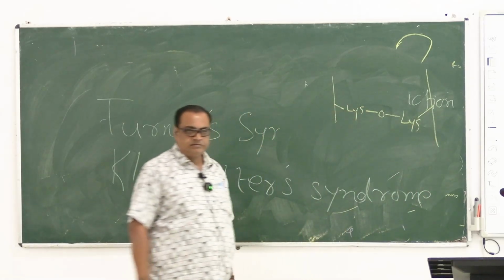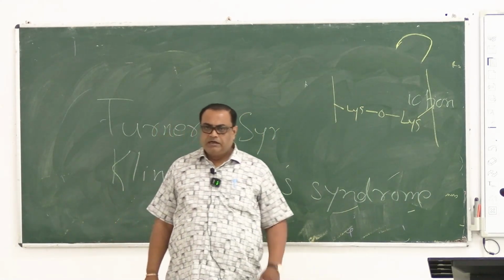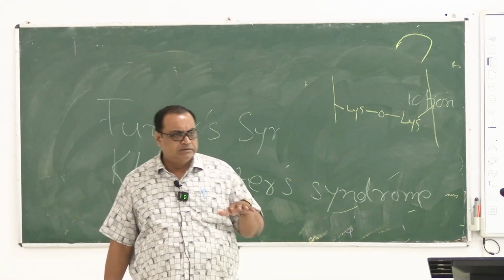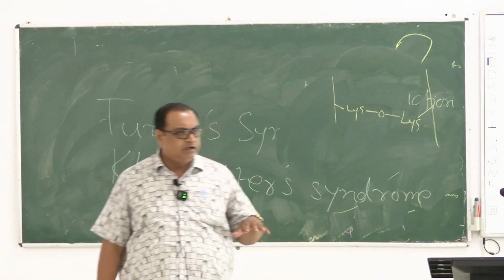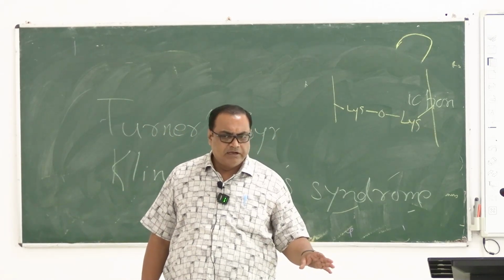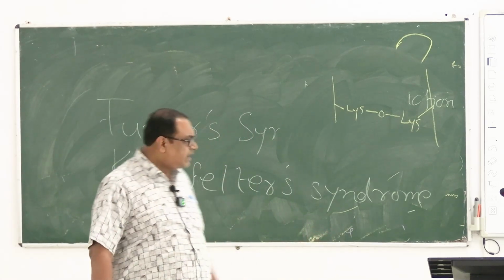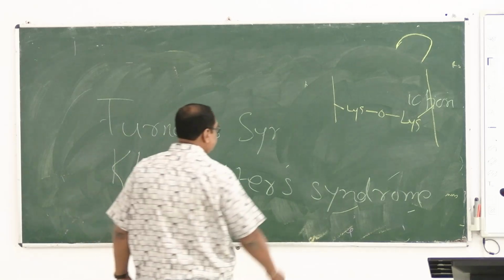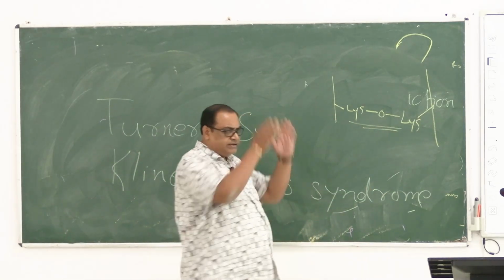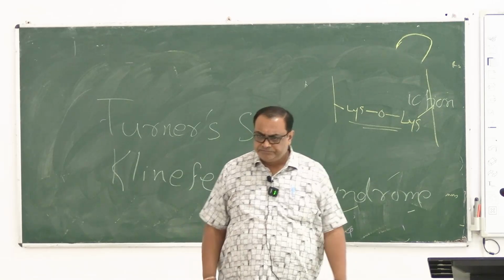Like this. In collagen there are 1/3 glycine, 1/3 hydroxylysine, and 1/3 hydroxyproline. So the hydroxylysine residues form this cross-linking between two adjacent collagen fibers.